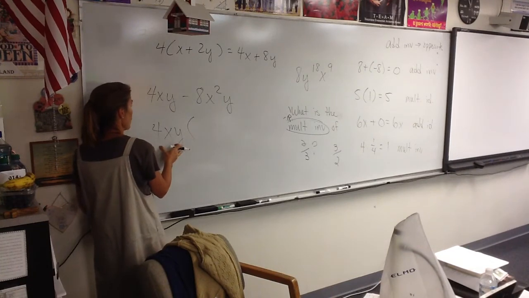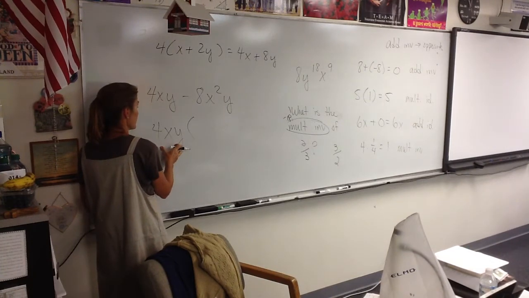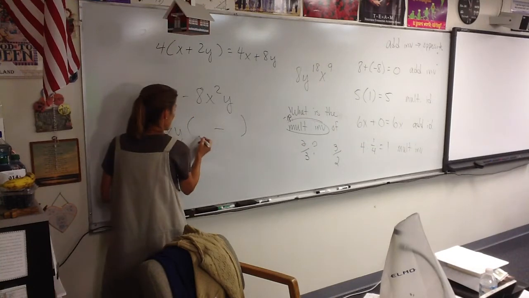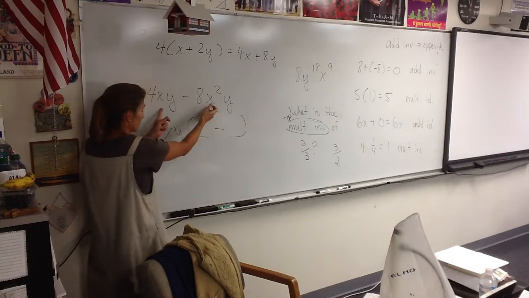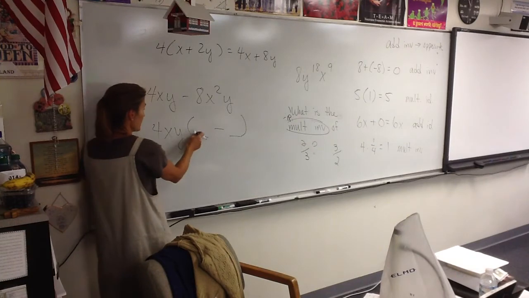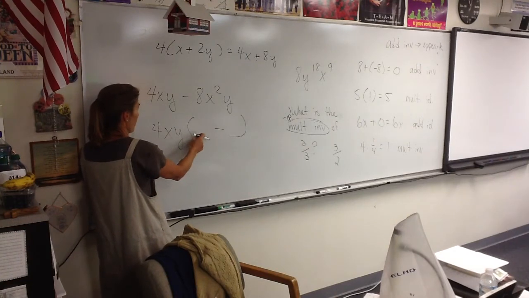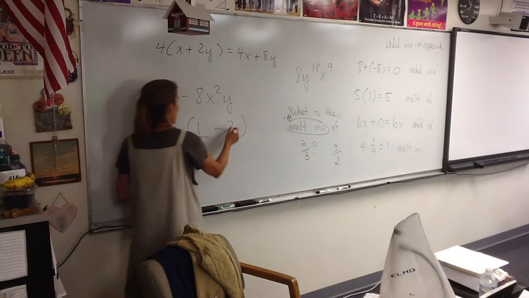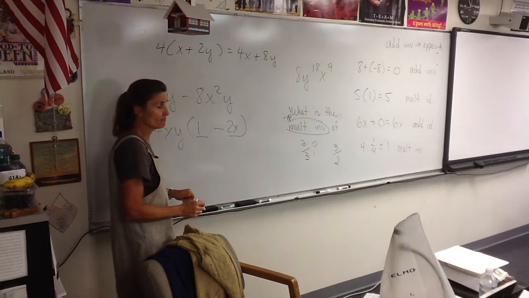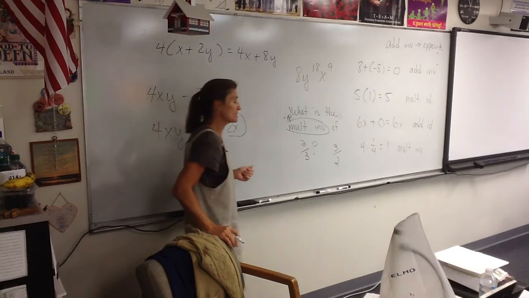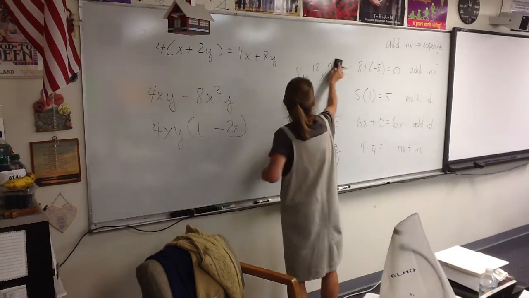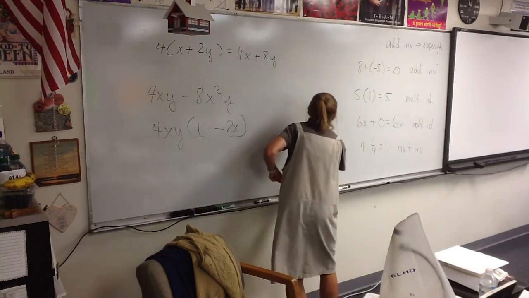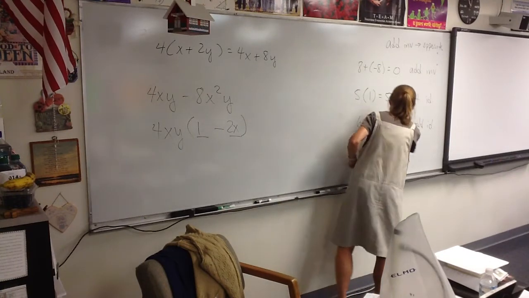If you take out a 4X and a Y, you're still supposed to have 2 things left here with a minus in between them. What are you going to have right here? A 1. Perfect. What are you going to have here? 2X. You guys are amazing. Factoring is the same as the distributive property, just going in the other direction. So be on the lookout for that in tonight's homework.